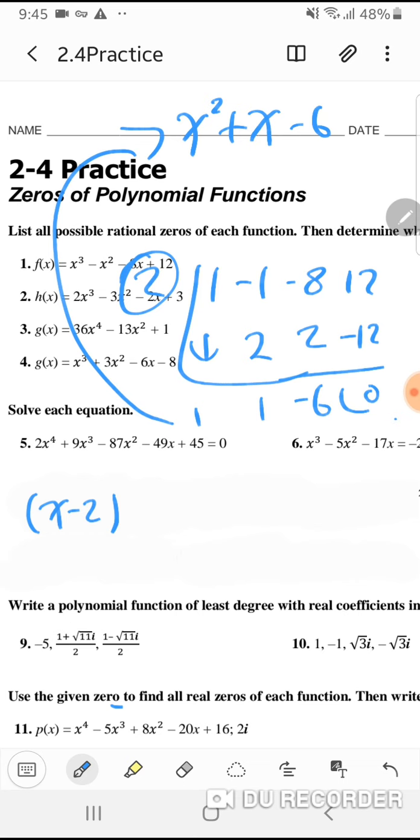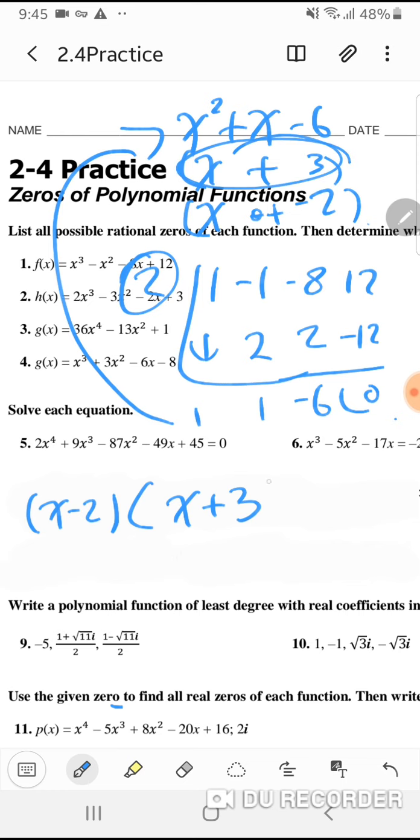So x squared plus x minus 6. So that's x, probably 3 and minus 2. So we got it. That's x plus 3 from here, and then x minus 2.